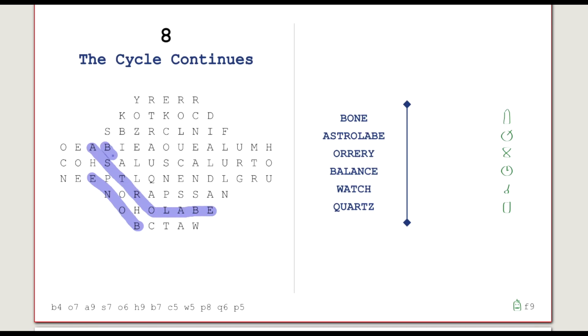I see balance, which is coming up. Balance is right here. And then orrery. Orrery. What a word, man. That's right here. Orrery. Sure, sure. And then we have watch. That is right here. And then we have quartz, which should not be hard. That's a Q. Quartz is right here.